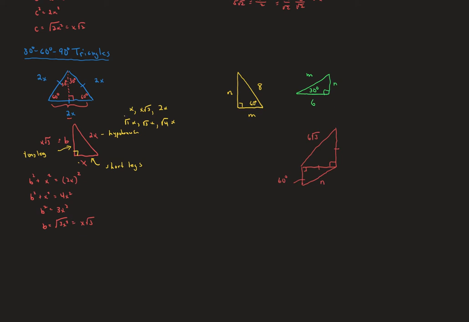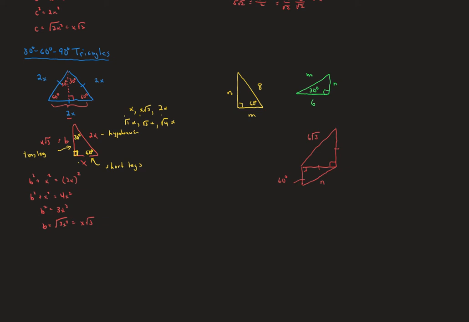So you can see the sides go in the same order opposite the angles. The shortest side is opposite the smallest angle. The middle-sized side length is opposite the middle-sized angle, and of course the hypotenuse is the biggest, the longest side, and that's opposite the biggest angle, the 90-degree angle.